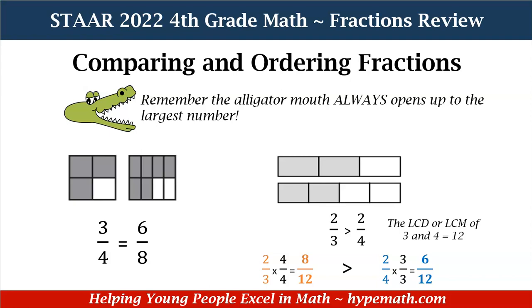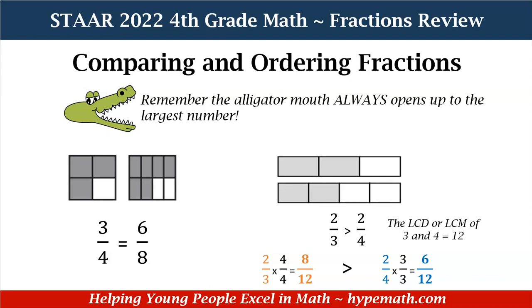And for our inequality, we have 2/3 is greater than 2/4. Now, in order for us to see if this inequality sign is actually true, we are going to find the least common denominator, or least common multiple. You'll also see LCD or LCM of 3 and 4.